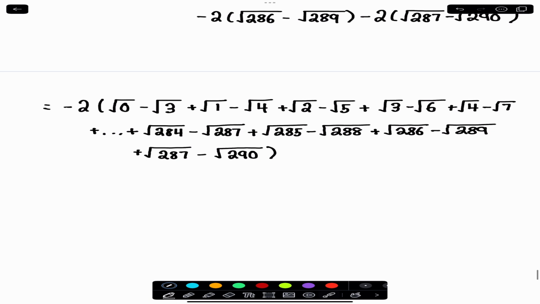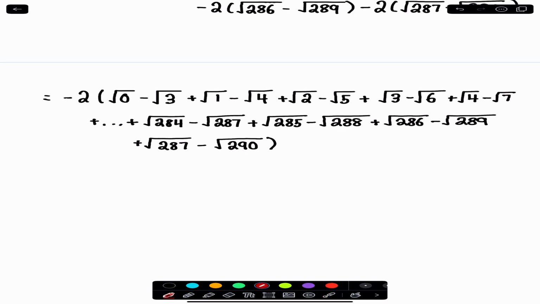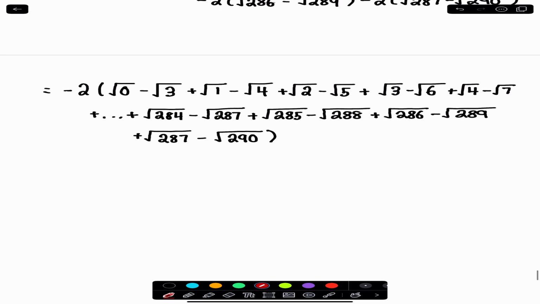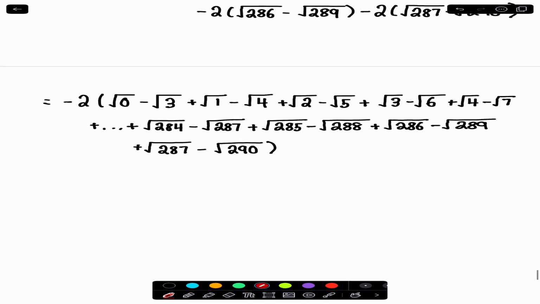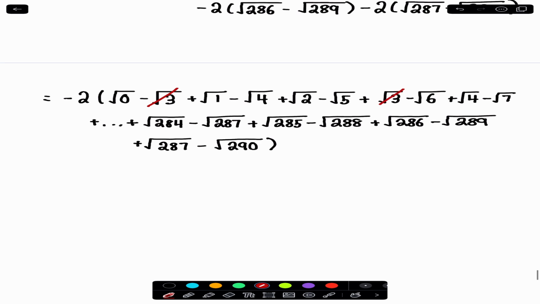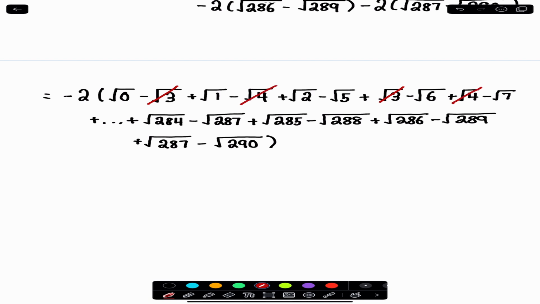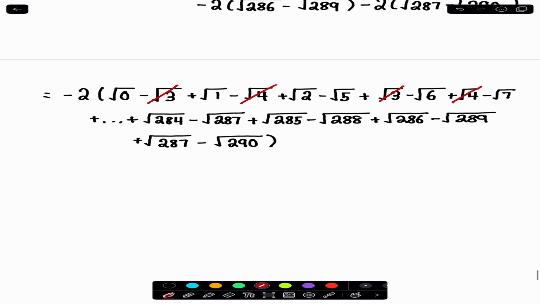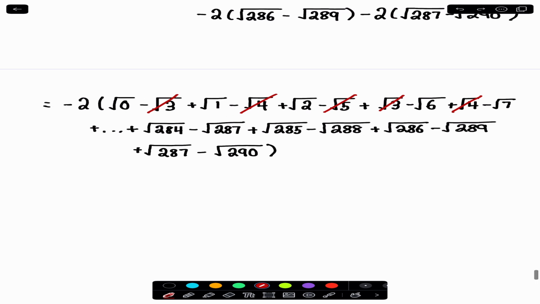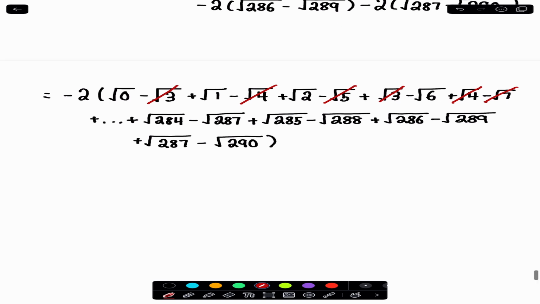And don't forget, we have this minus 2 up front at the end. Now, let's focus on what we have in the brackets. Negative root 3 cancels with this root 3 over here. Negative root 4 goes away with root 4. Negative root 5 would go away with a plus root 5 somewhere later. Down there, you can't see it, but it is there. Negative root 7 would go away with a root 7 later on.